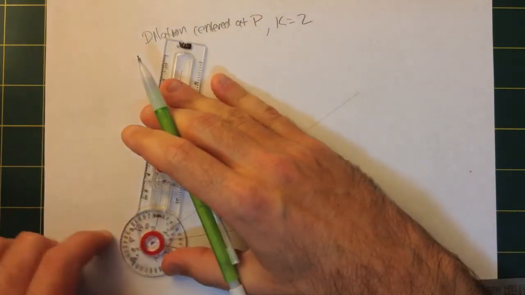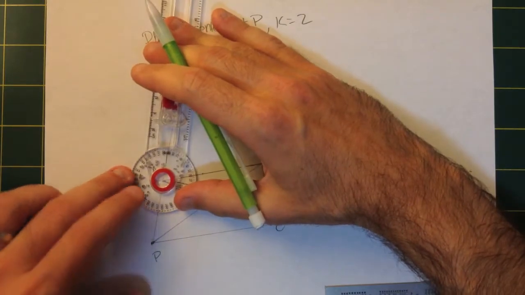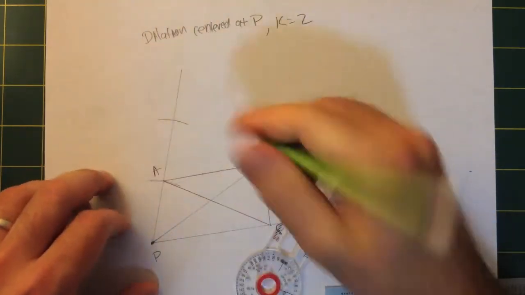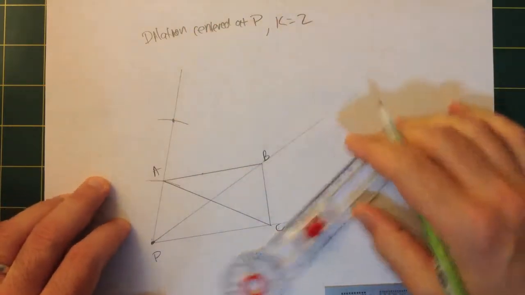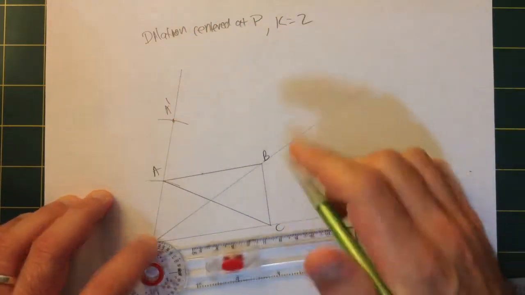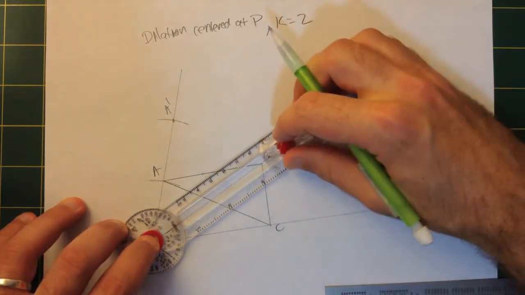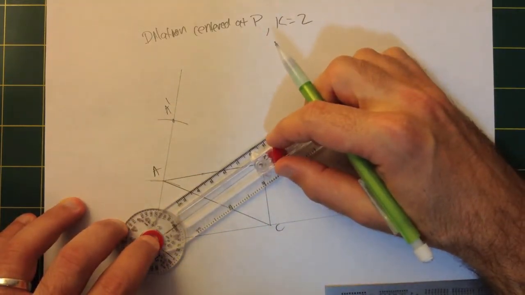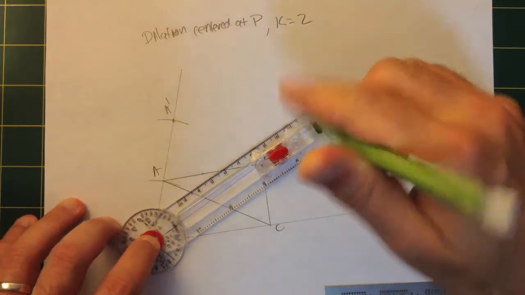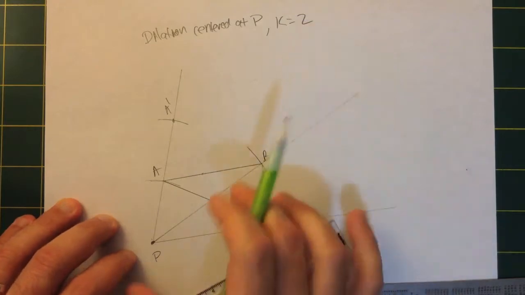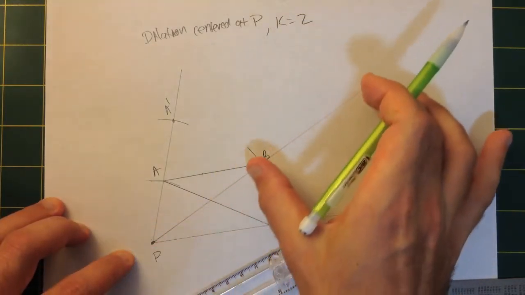That looks pretty good. And now, if I make one copy of it, I will have doubled that distance. I'm going to measure how far it is from P to B. About there. And since my scale factor is 2, I need to double this.